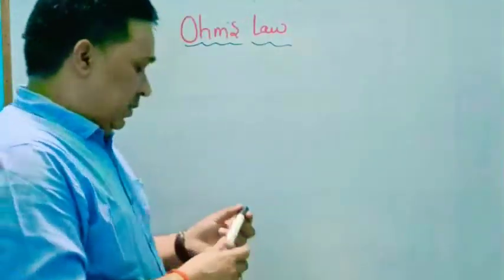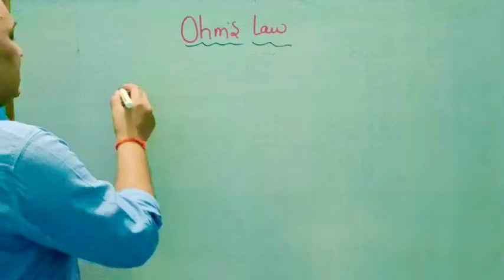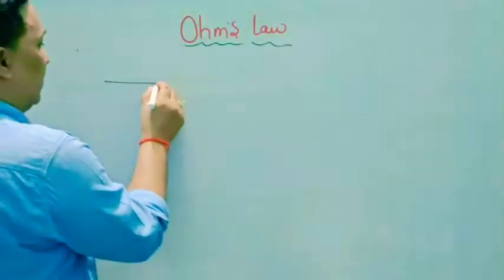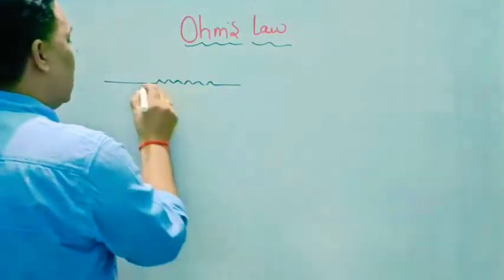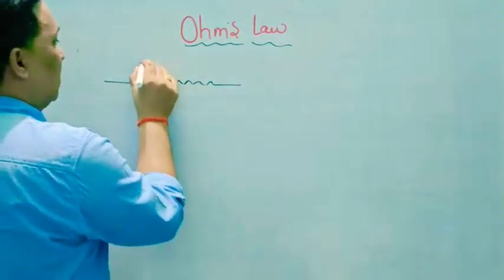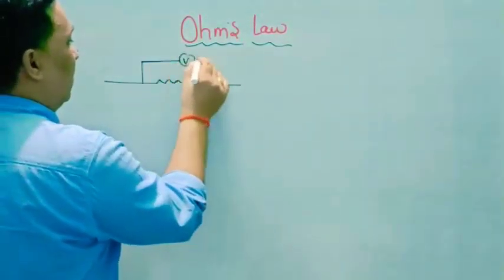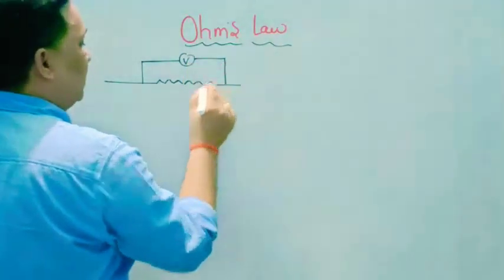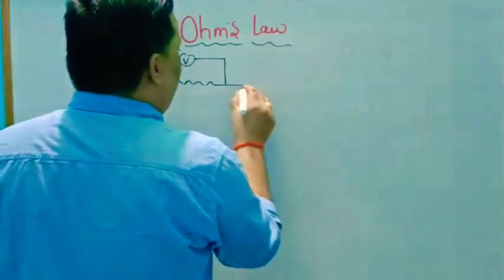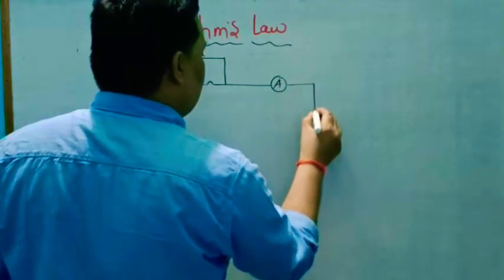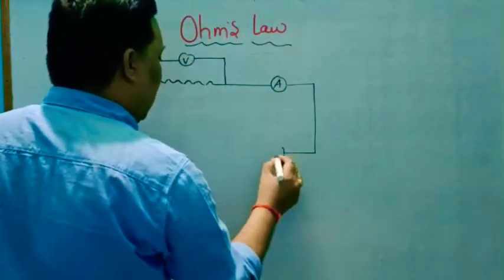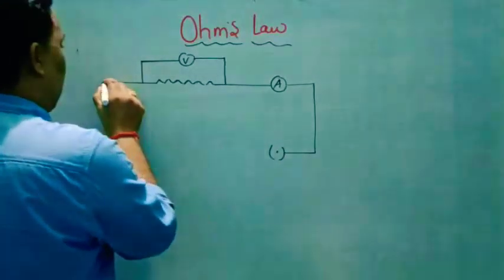He set up a simple circuit comprising a resistance, across which he added a voltmeter, and then an ammeter, a key, and a cell.